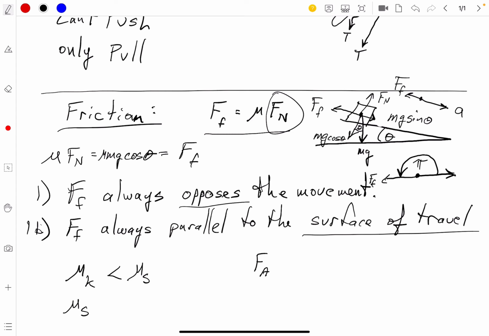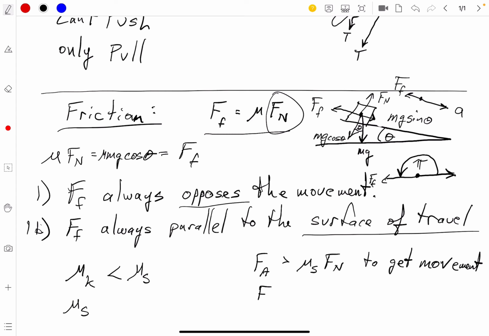So the force applied has to be greater than your mu static times your normal force to get movement.